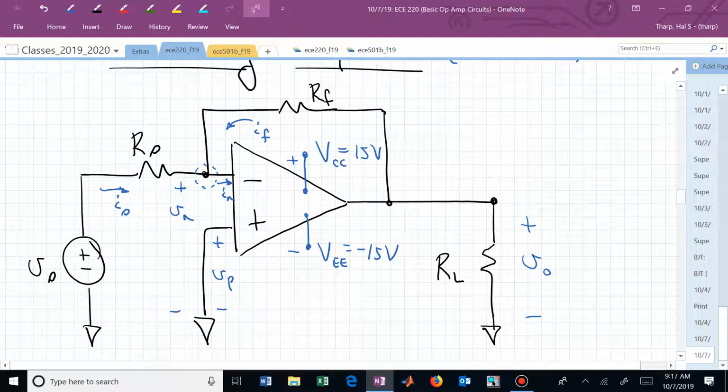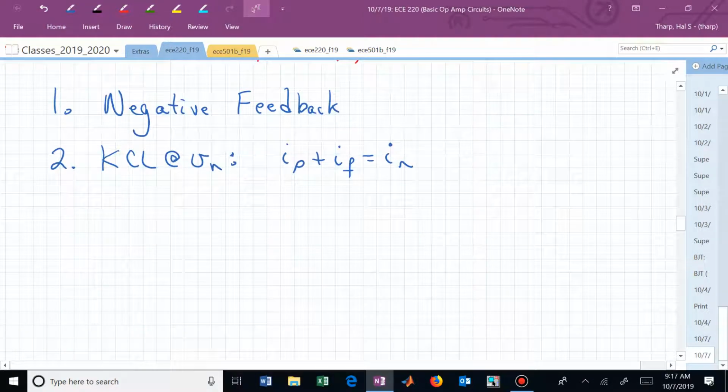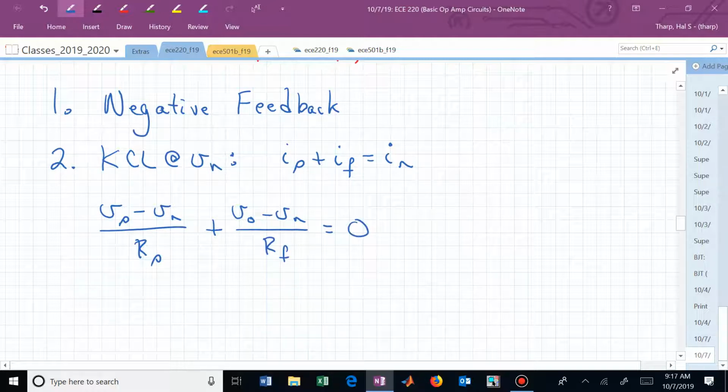We put all of that together, and now we can write that KCL equation a little differently. This is V sub s minus V sub n over R sub s, that was I sub s, plus V sub o minus V sub n over R sub f, and that's equal to 0, due to this input current constraint.